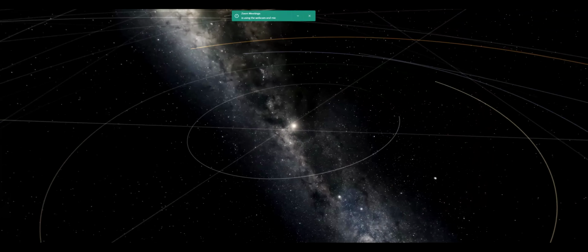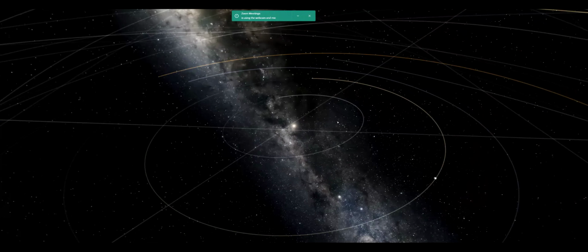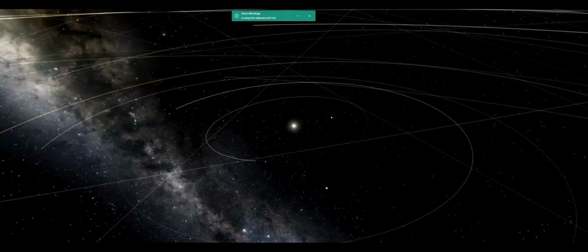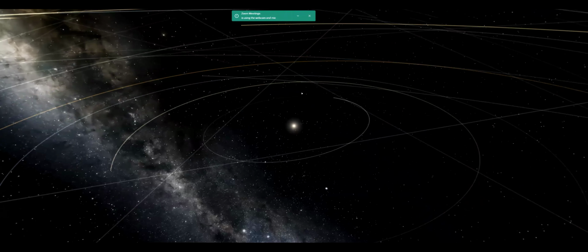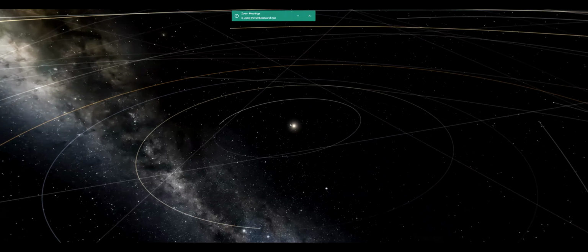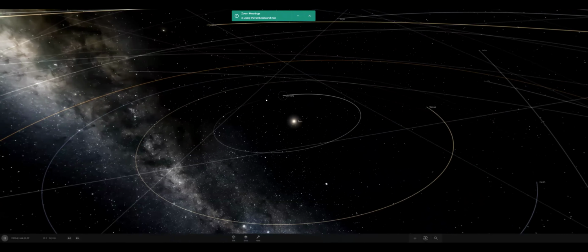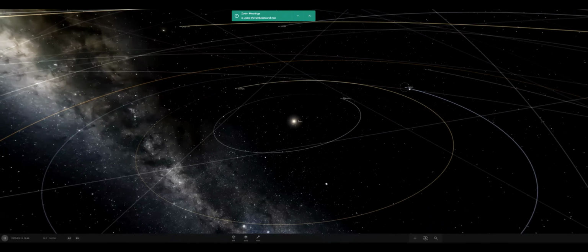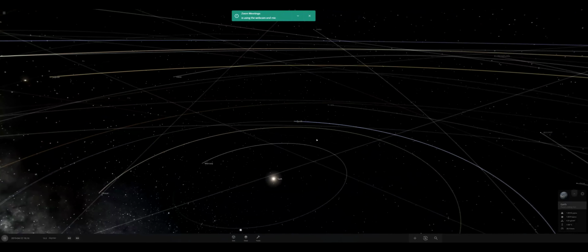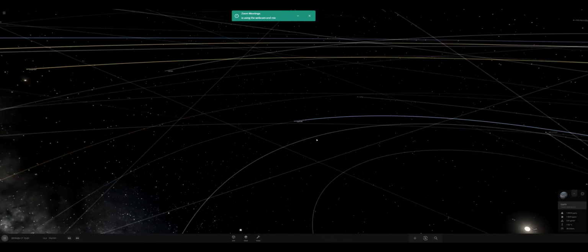And you can see the orbits there. There is Earth. So that is sun. That is Mercury. That is Venus. That is Earth. Hope you're able to see the Earth.